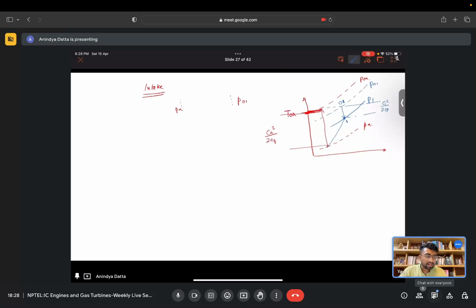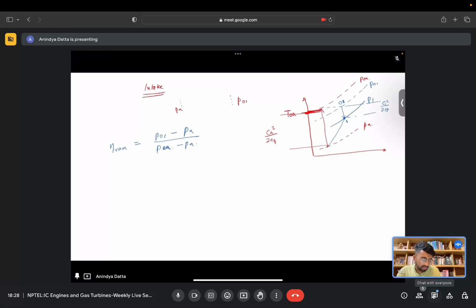That fall is characterized using intake efficiency. There are two intake efficiencies we can define. One is the ram efficiency, defined as P01 by PA divided by P0A by PA. Ideally the stagnation pressure should have reached P0A, but it is reaching P01, which is why the numerator is lesser than the denominator.